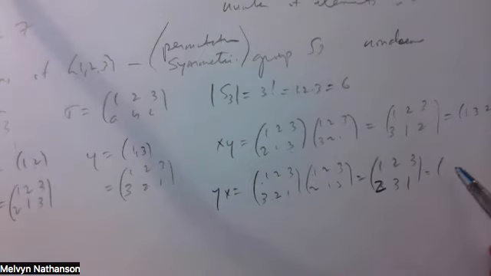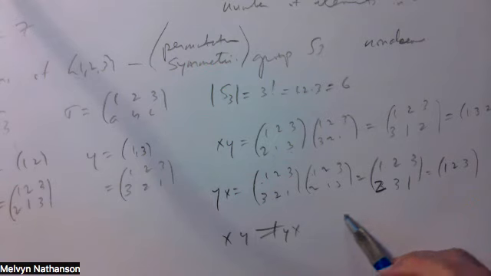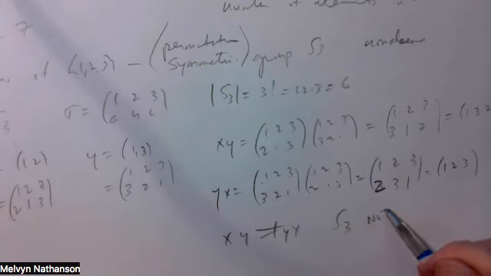So this is the permutation that sends 1 to 2, 2 to 3, and 3 to 1. And these are different. So S3 is not abelian.